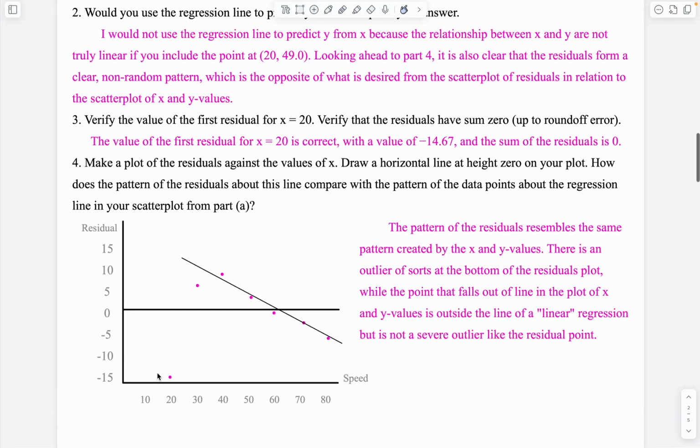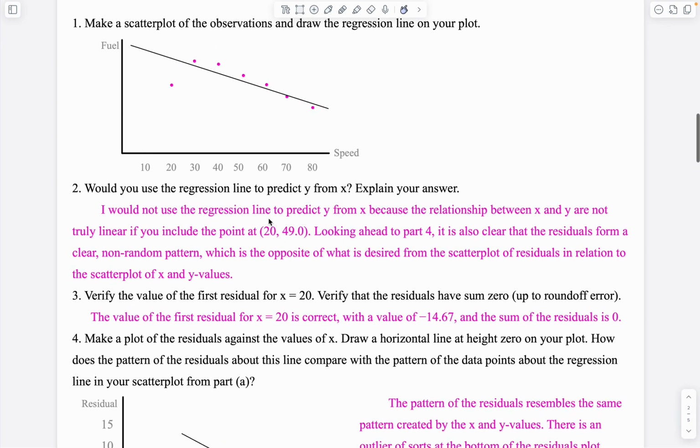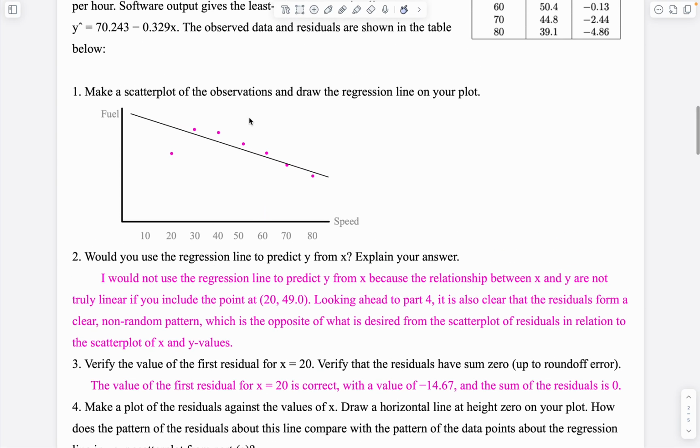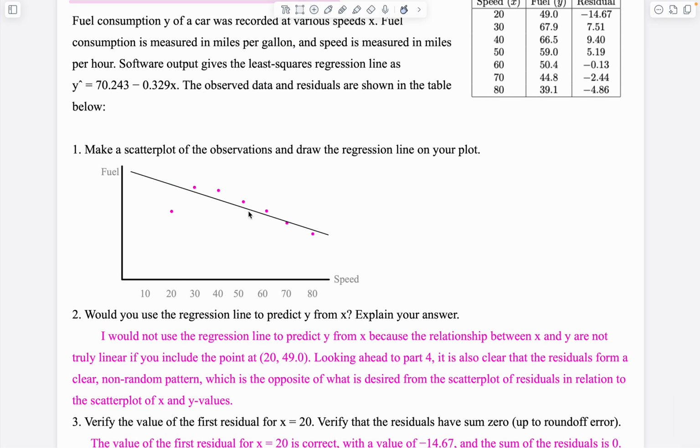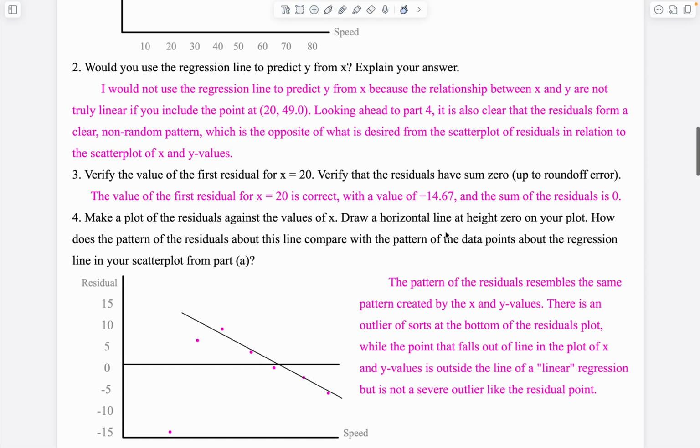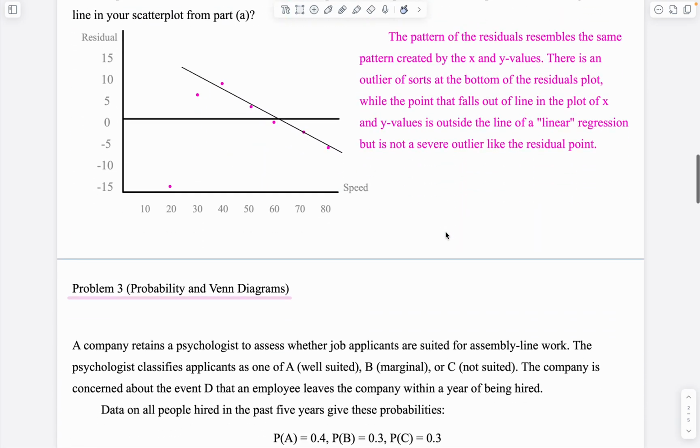There is that large outlier that's a lot farther deviant from the regression line and from the line at the height of 0 that you had to create. But they resemble the same pattern. So I believe that answers that question, as well as another reason why I would not use the regression equation to answer for the prediction of y and x.